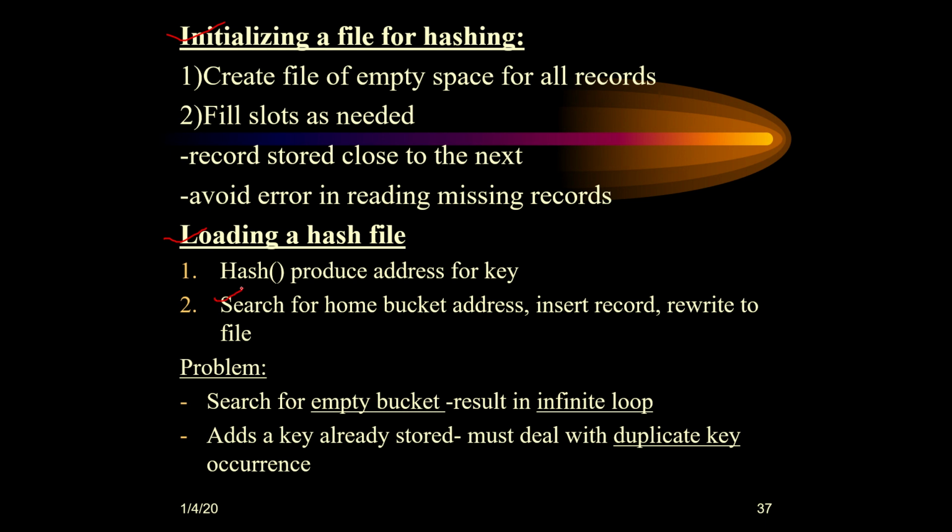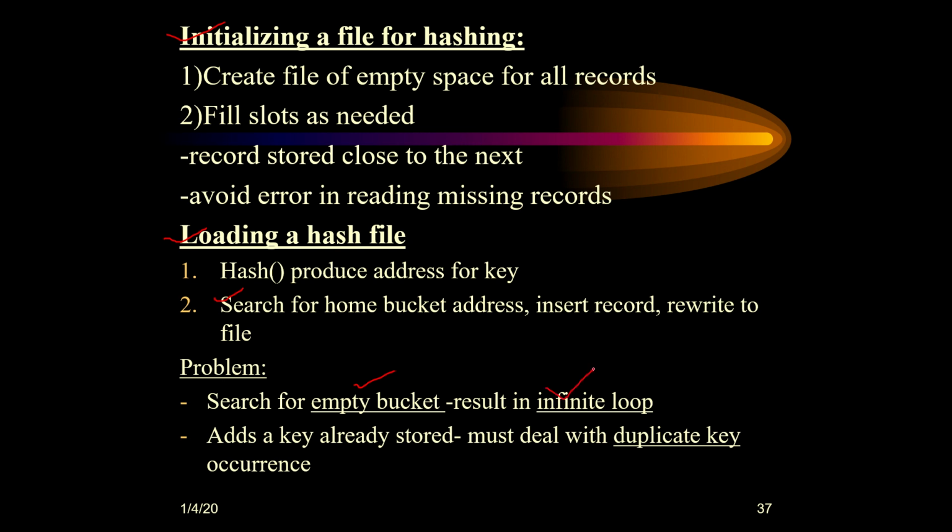So once the record address has been found, there is where I insert my record, and after the insertion is done, I straightaway take that hash file and write it into my file which is on my secondary device. So these are the main steps. Now the problem which I face here in loading a hash file is, if I'm having an empty file and I need to search whether I have an empty bucket, sometimes we end up with an infinite loop.